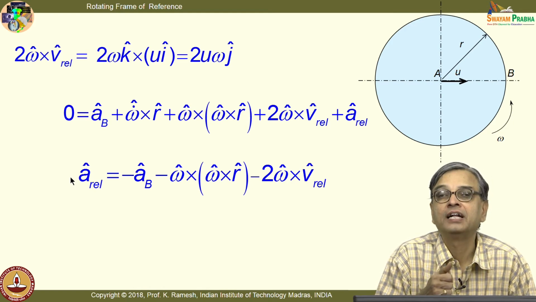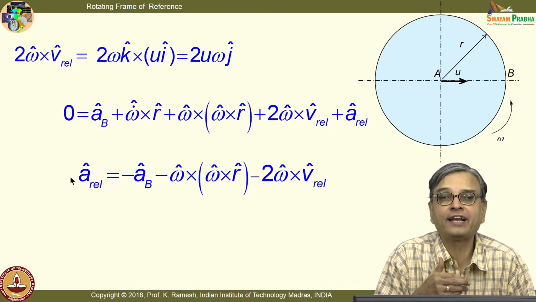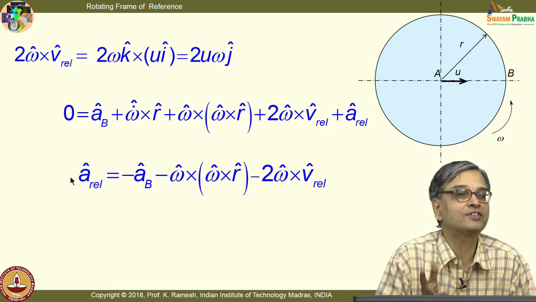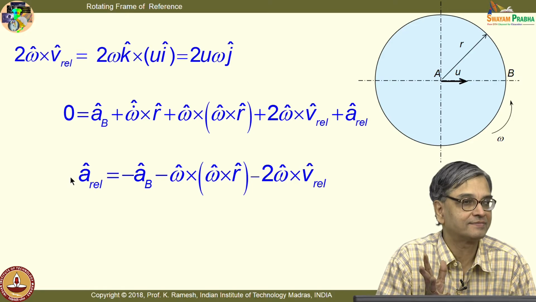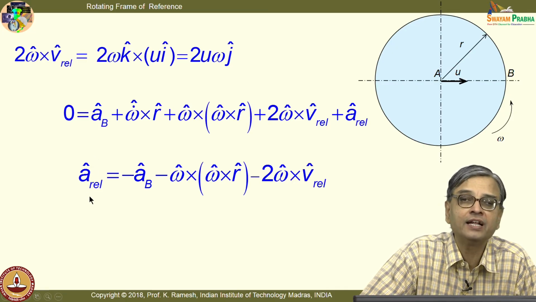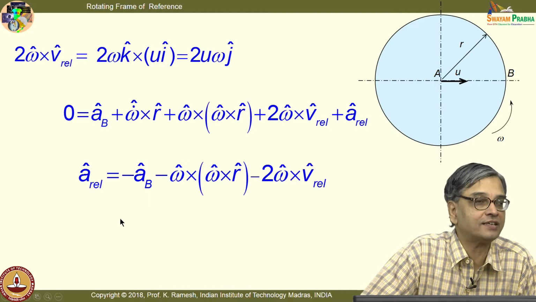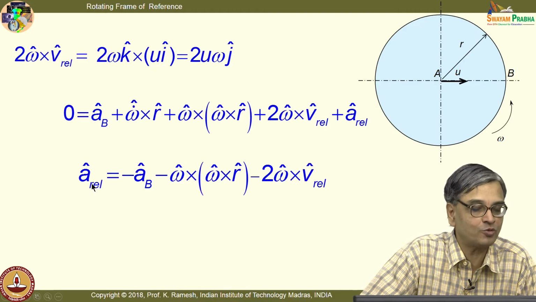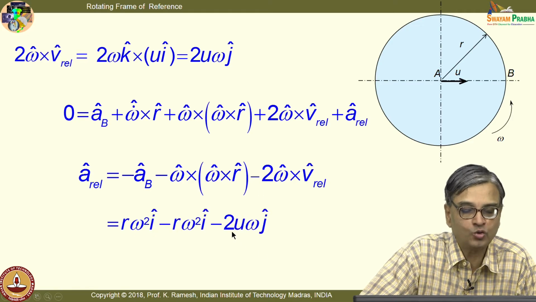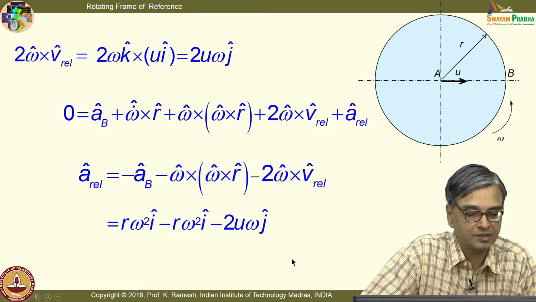And we will soon relate it, people sitting on earth, it is a rotating frame of reference, not a fixed frame of reference. We have all along discussed, when I say A rel or V rel, it is the quantity that you measure from the rotating frame of reference xyz, small xyz. Okay. So, that is the expression you have, and you already have what is A b and this quantity, they cancel each other. So, I essentially get this as 2 u omega j.